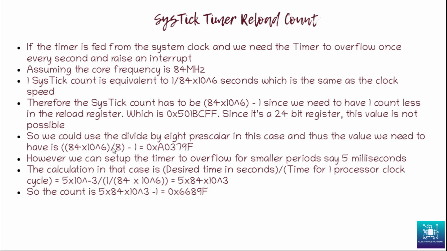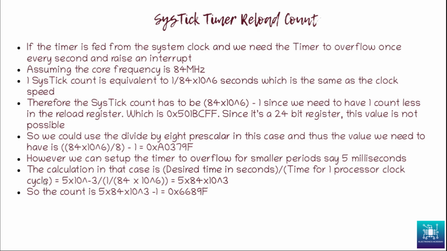Of course, if we want smaller time periods, say 5 milliseconds and so on, then we can use the 84 megahertz clock, because there the count that you are putting into the load register is much lesser. The calculation is generally the desired time in seconds over the time for one processor clock cycle.